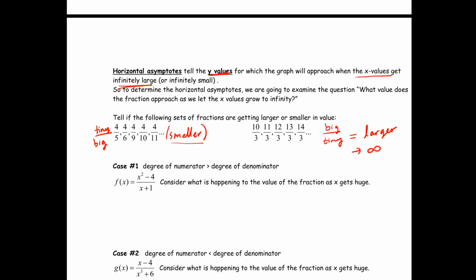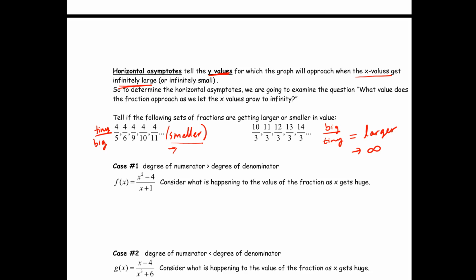Now take a look at these values. If I have 4 over 6, 4 over 9, 4 over 10, 4 over 11, 4 over 12, 4 over 13, 4 over 15, 4 over 16. Imagine doing 4 over 1,000. What are these numbers heading towards? What's 4 over 1,000?